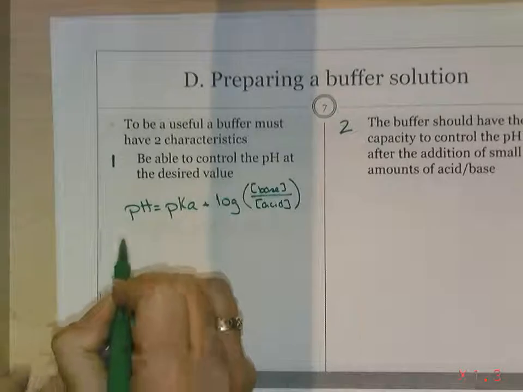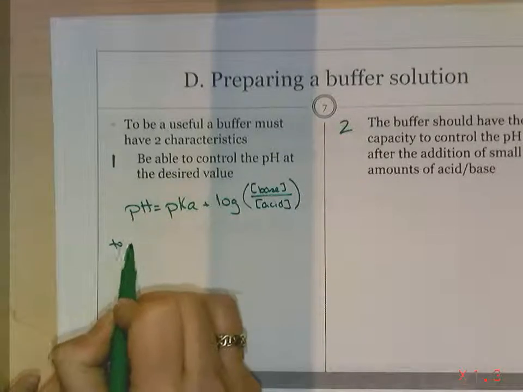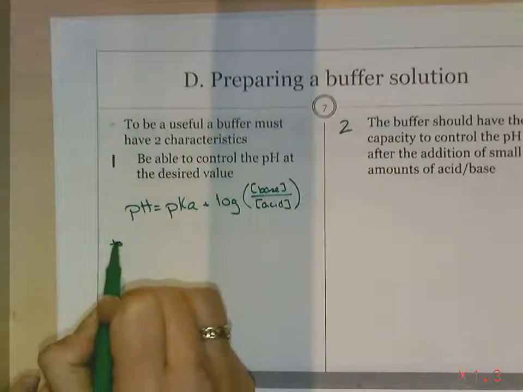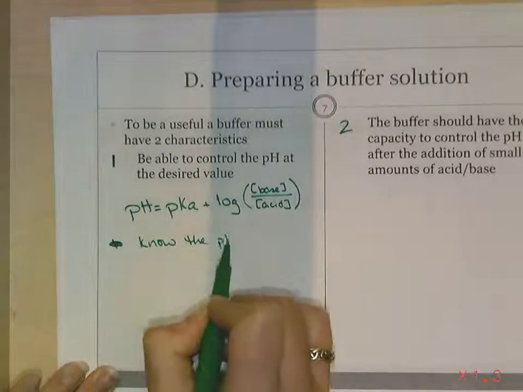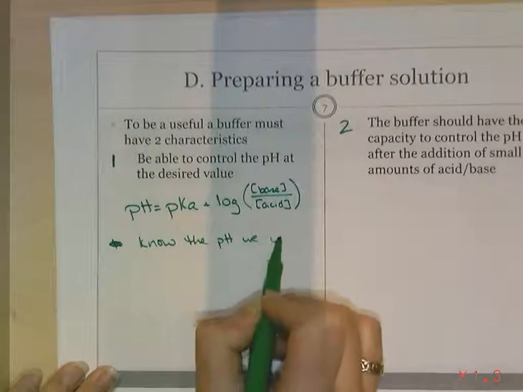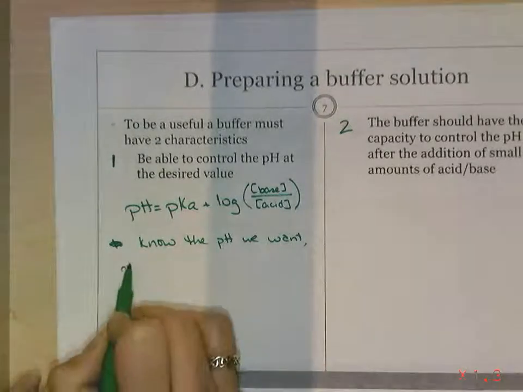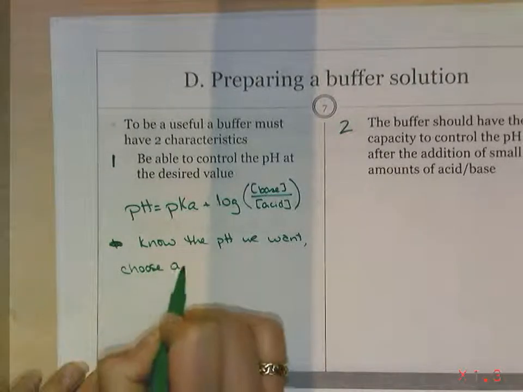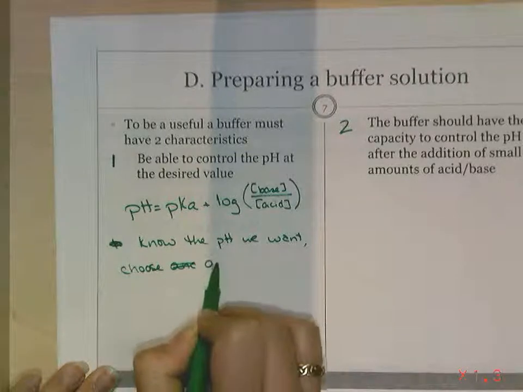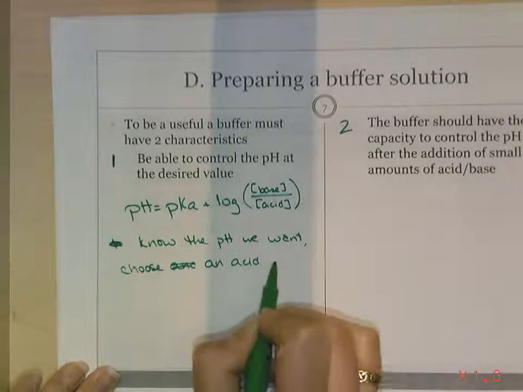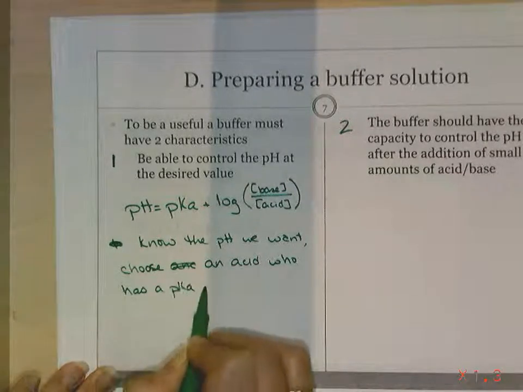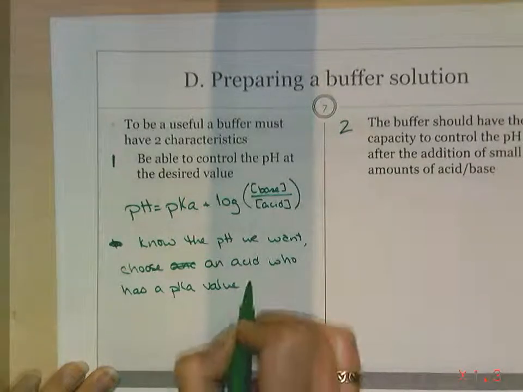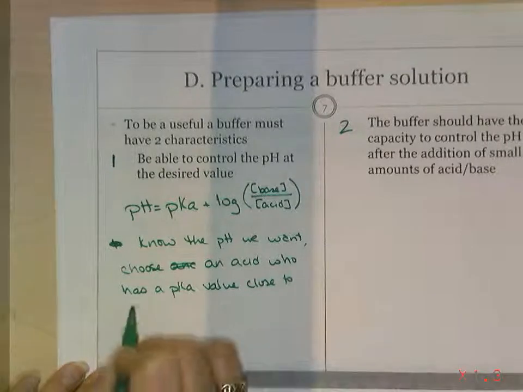So if we know the pH we want, you want to choose an acid that has a pKa value close to the desired pH.